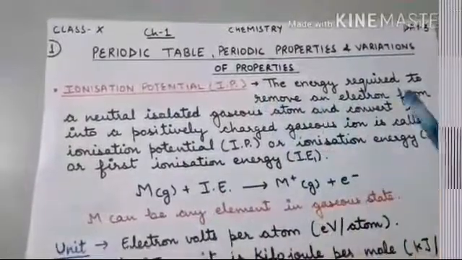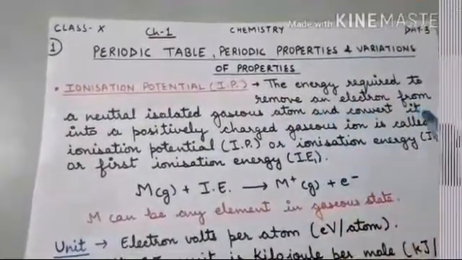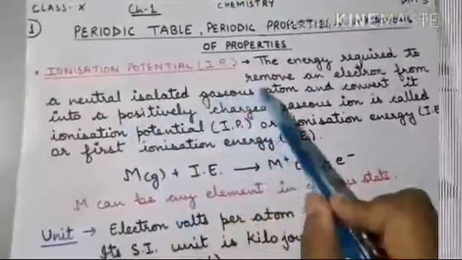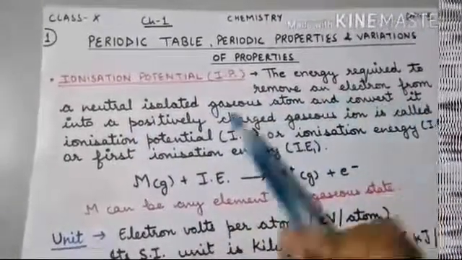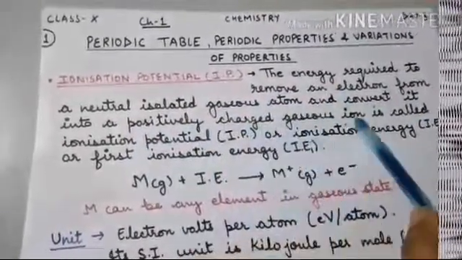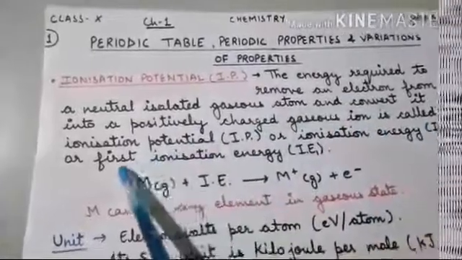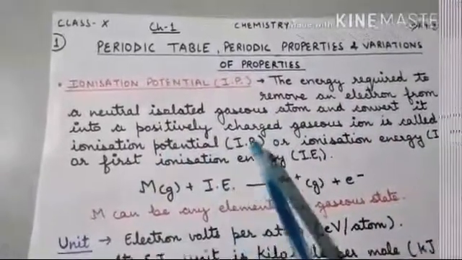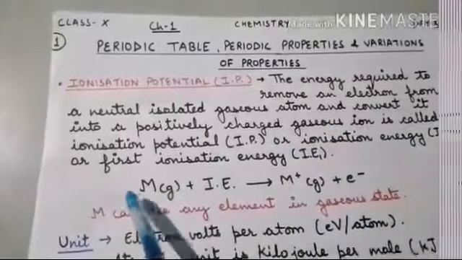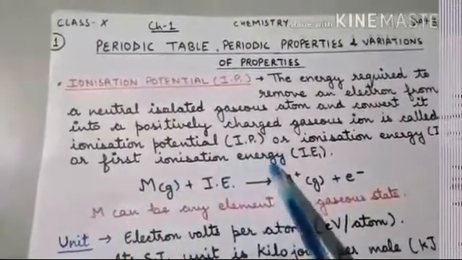The energy required to remove an electron from a neutral isolated gaseous atom and convert it into a positively charged gaseous ion is called ionization potential or ionization energy or first ionization energy.